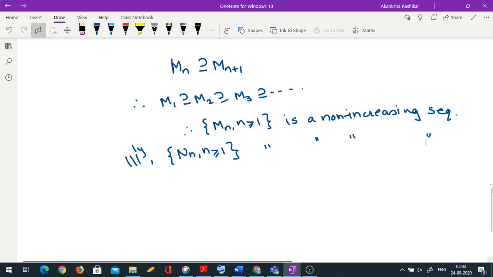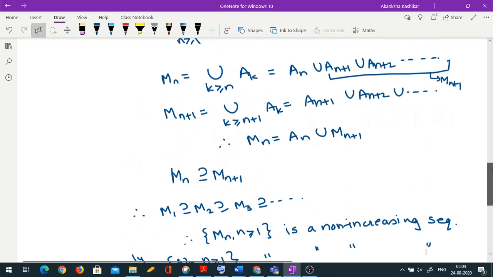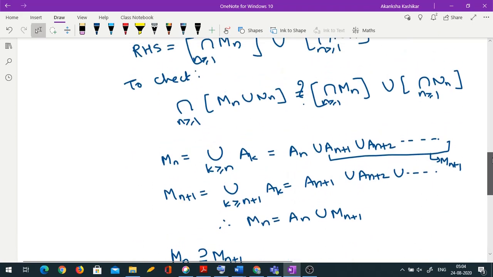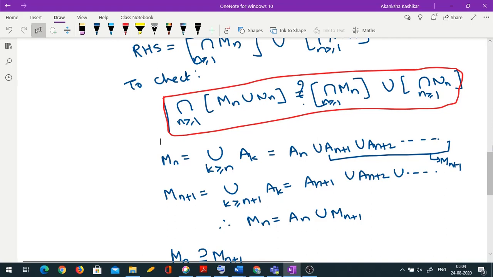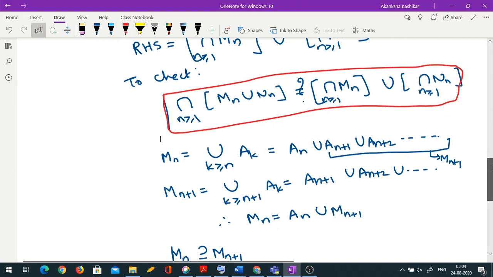So let us start. What I want to prove is this part. So now let me take omega from this LHS and try to check if it's in this RHS.